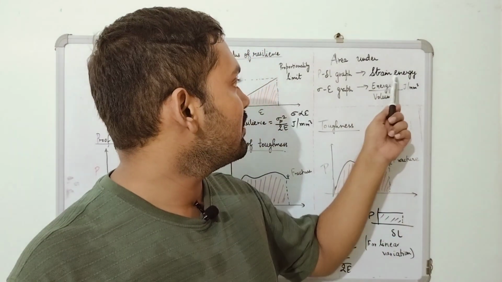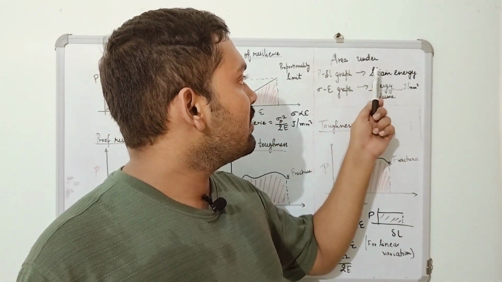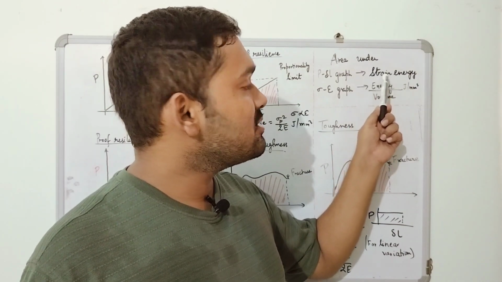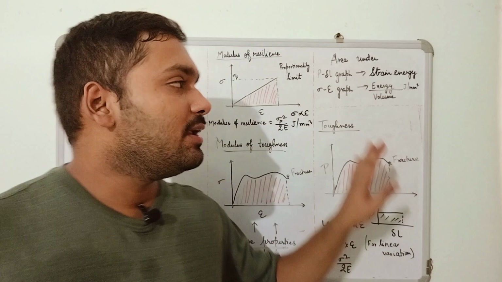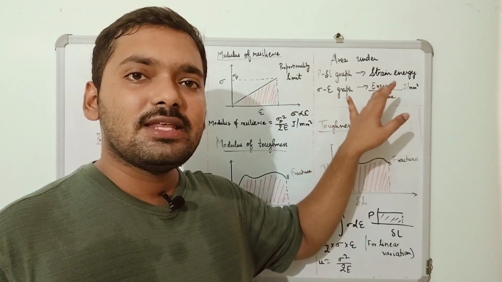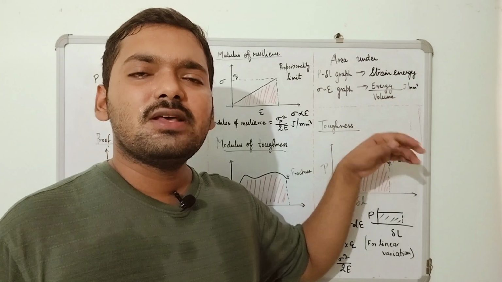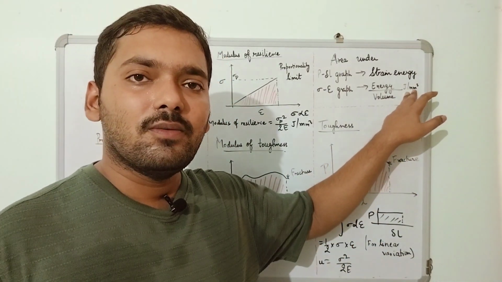That is what is written there, strain energy. Area under load displacement graph gives us work done, which is stored in that body in the form of strain energy. Whereas the area under the stress strain graph gives us strain energy per unit volume, or strain energy density, which is in units of joule per mm cube.